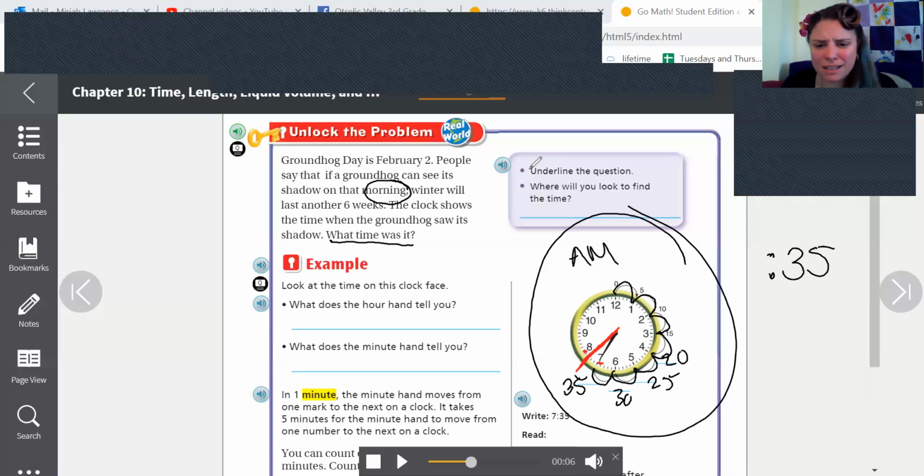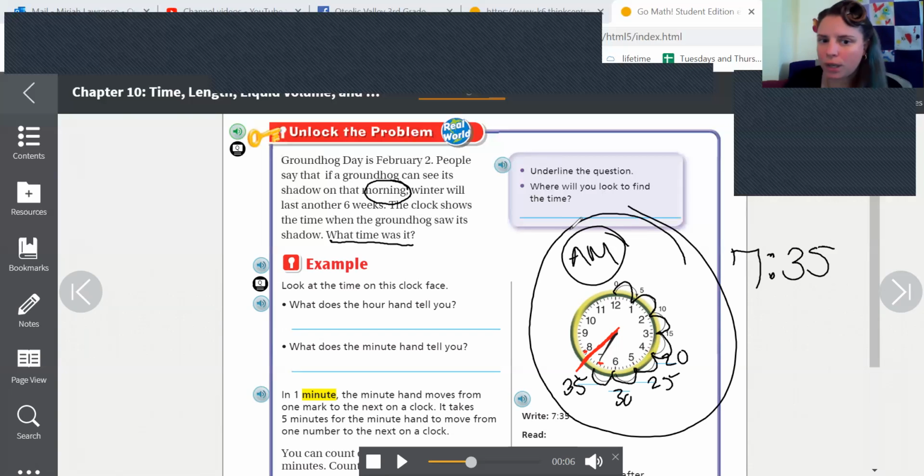No. So it must still be in the 7 o'clock range, right? Because we haven't gone past the 8. When we go past the 8, that's when we can say it's 8 o'clock, but it's not. It's 7. So we have 7:35, and we said it was a.m.